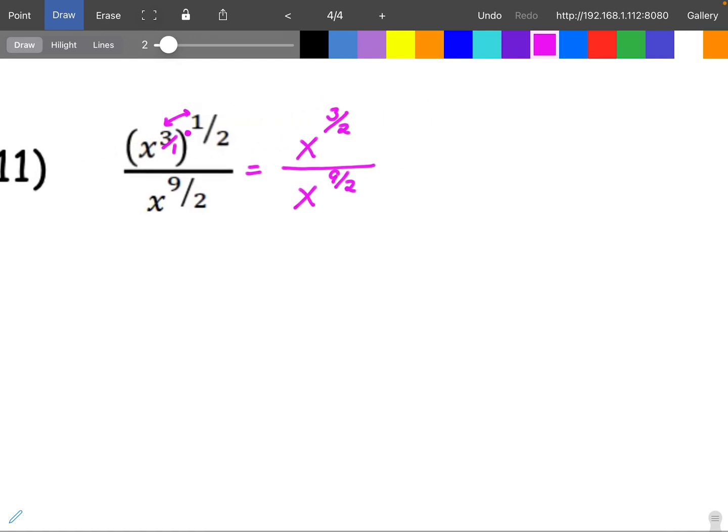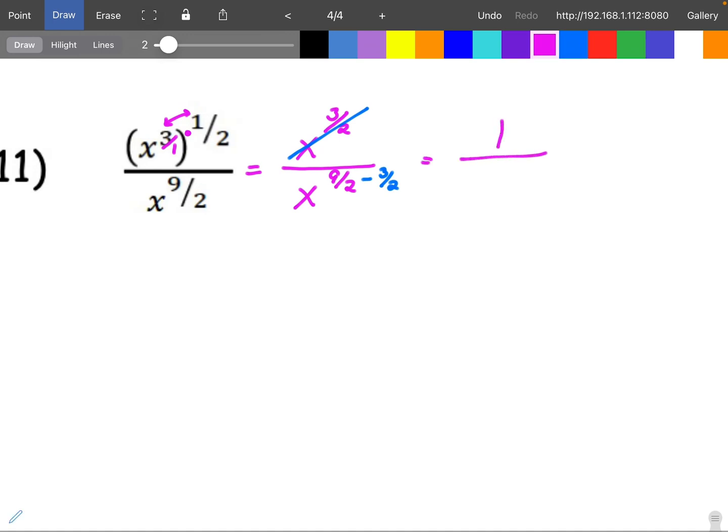Well, we know because we have the same base that we can subtract these exponents since it's division. Now I know that the denominator has a bigger exponent, therefore I want to actually move this one down and subtract it from the other one.